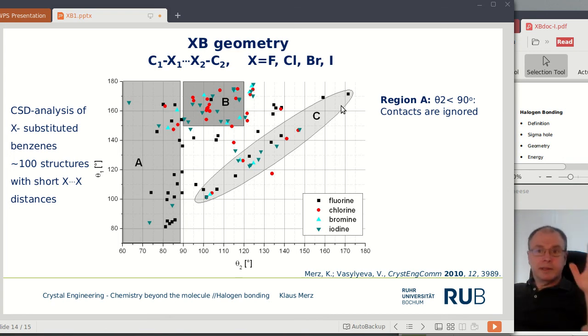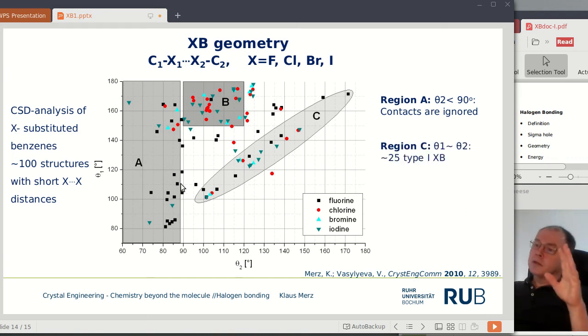Type 1 has similar, equal angles of theta 1 and theta 2. 120 here, 120 over the red dot here. This is exactly what we would predict. It's always the same. So 25 contacts or intermolecular interactions could be clearly addressed to type 1.